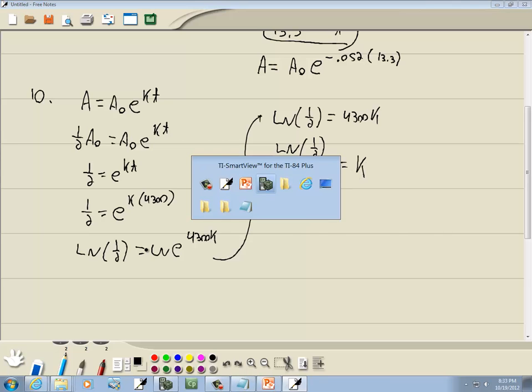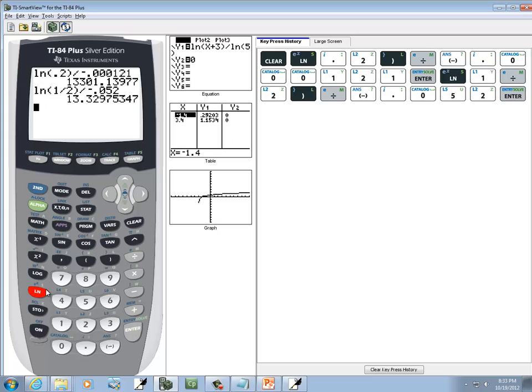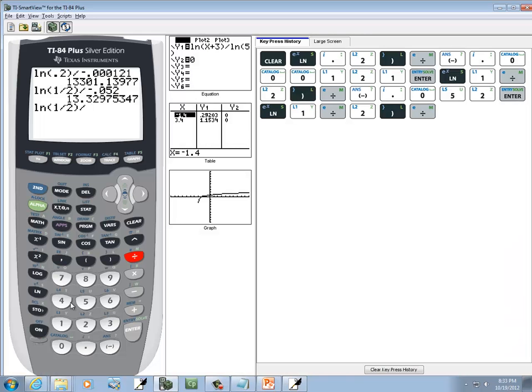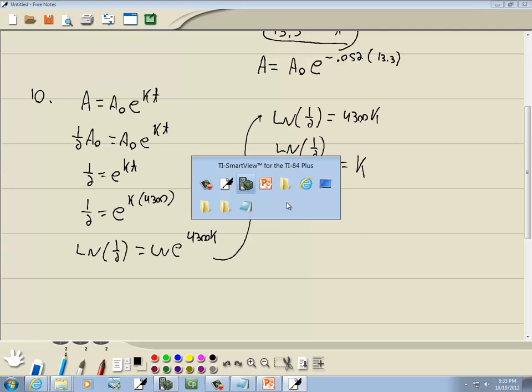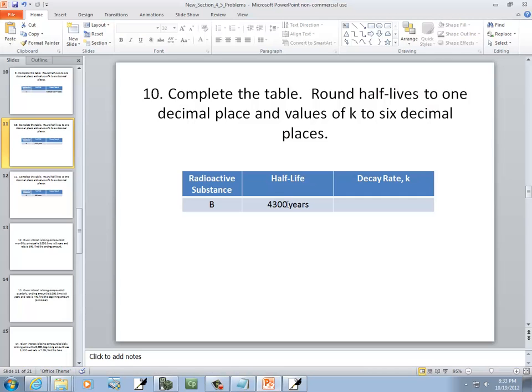And let's see what we get. So natural log of 1 divided by 2, closing parentheses, divided by 4,300. And 6 decimal places.